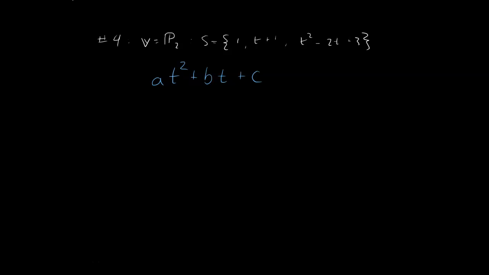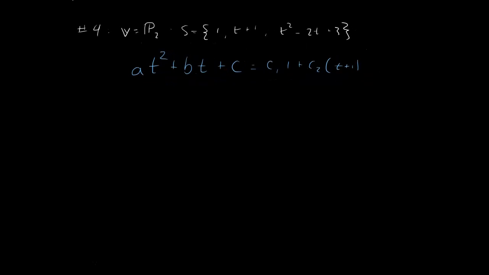They could be 0. Can I write this as, for any a, b, and c, some c1 times 1 plus some constant times t plus 1? Let me scoot over a little bit.